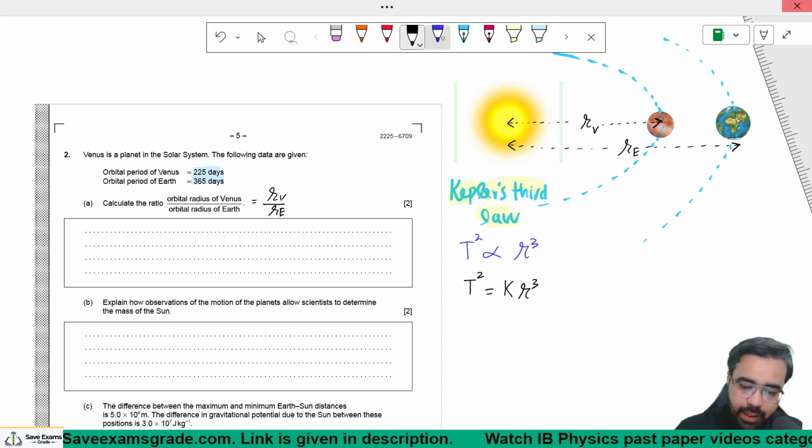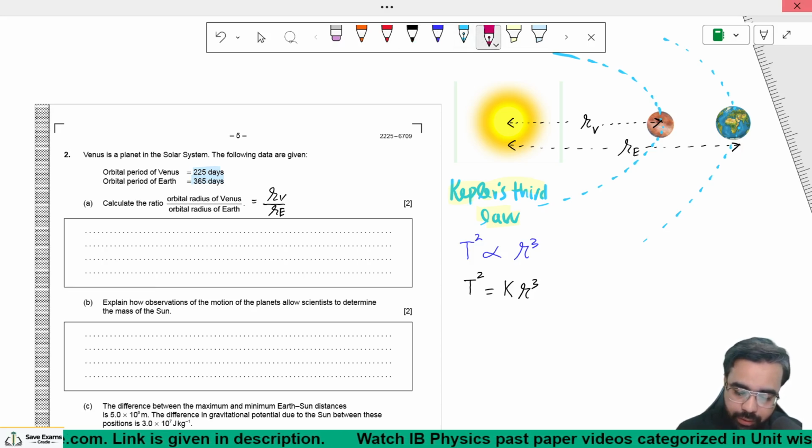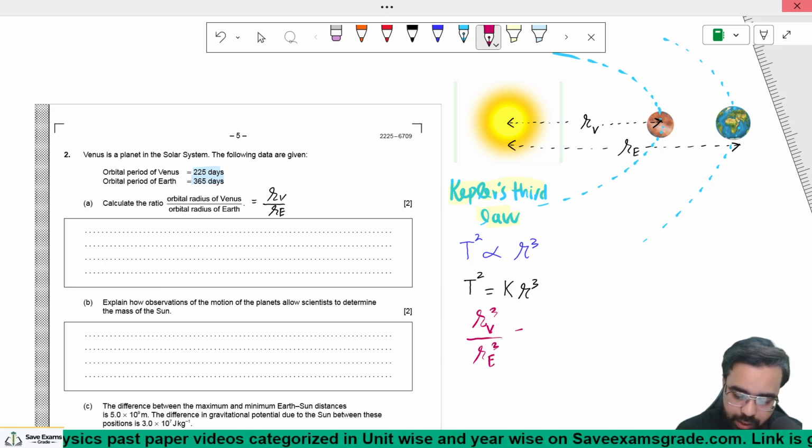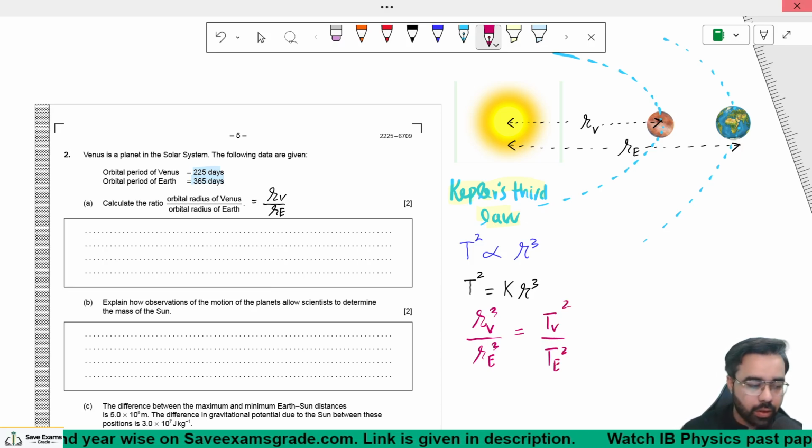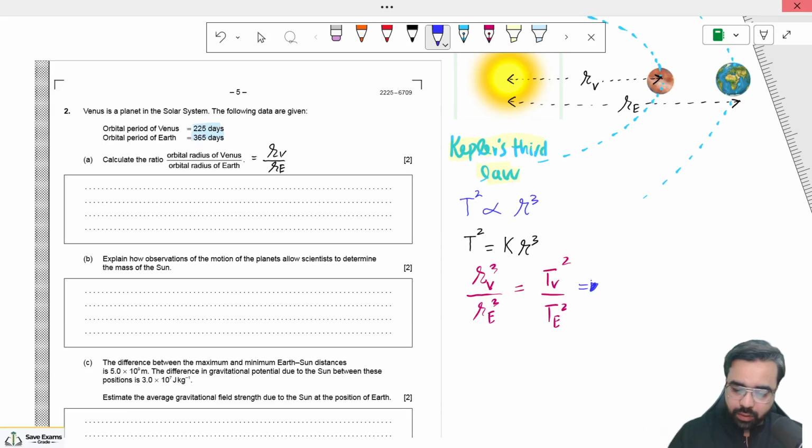So if we want to find a ratio, RV cubed over RE cubed is equal to TV squared over TE squared, and the constant will cancel out because it is the same. So we can write it like this: (RV over RE) raised to power 3 is equal to the ratio of their orbital time periods squared.